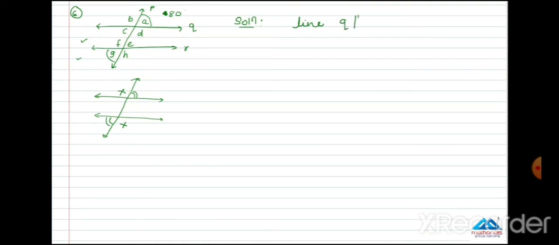Line Q is parallel to line R and line P is the transversal. Here angle A equals G, angle A equals G by exterior alternate angle.